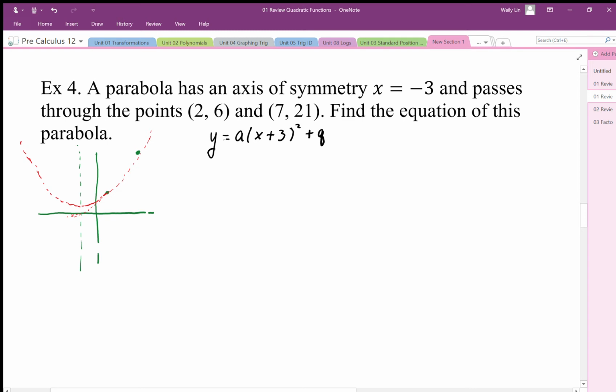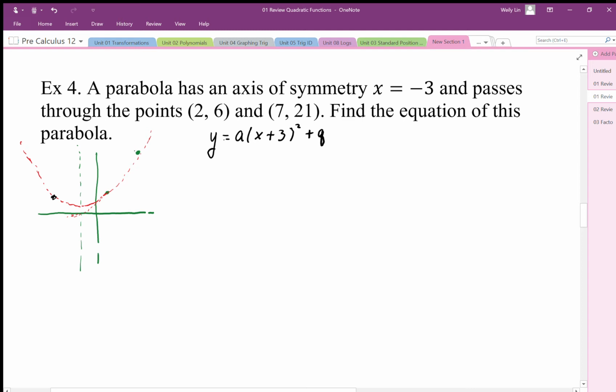In the worst case scenario, I have two variables to solve for. I can generate two equations with those two coordinates and solve this as a system. I'm going to see if I can look for some shortcuts here using the symmetry, but I don't know how useful that's going to be. We can find a point over here, and in fact we know exactly where that point is: it's going to be at (-7, 6).